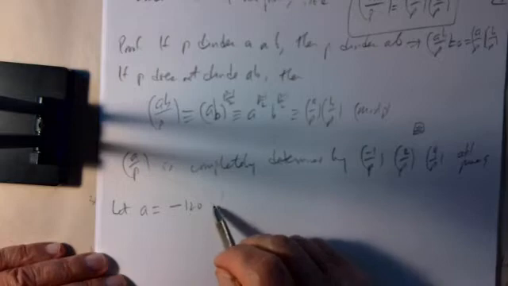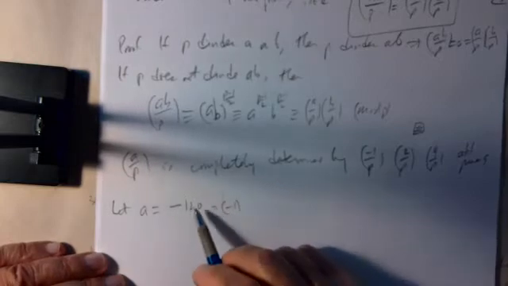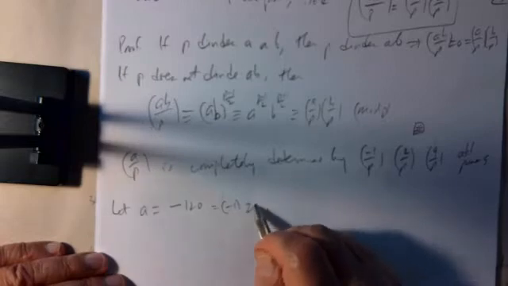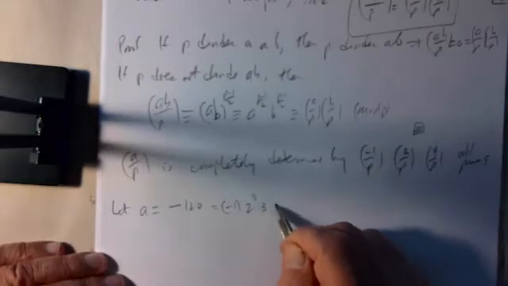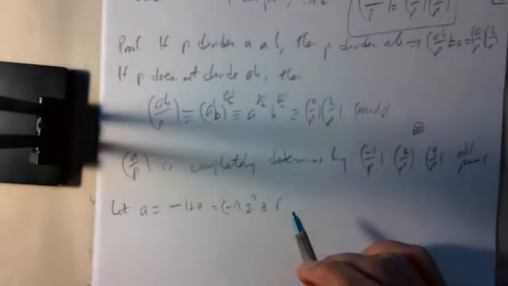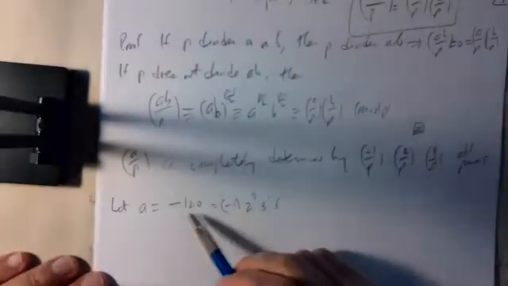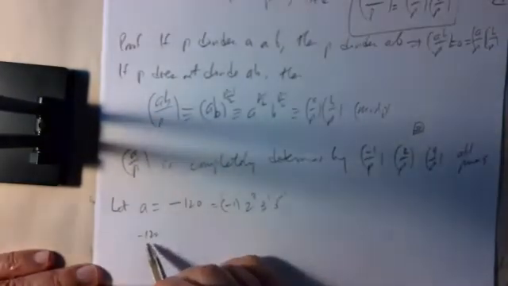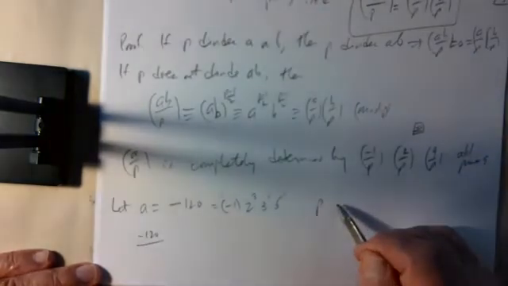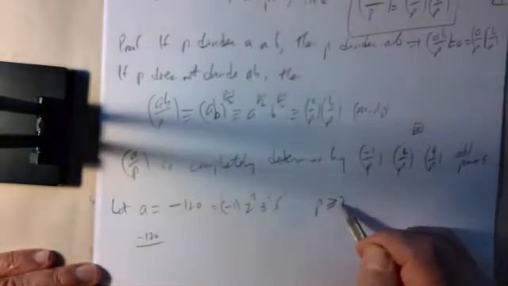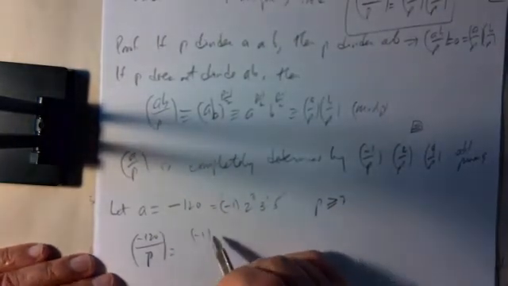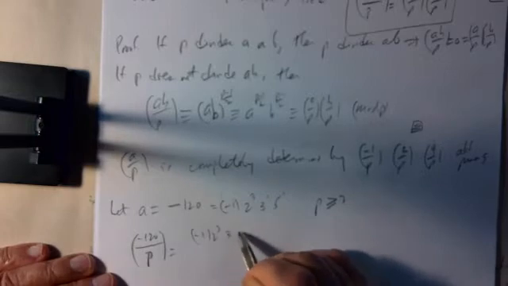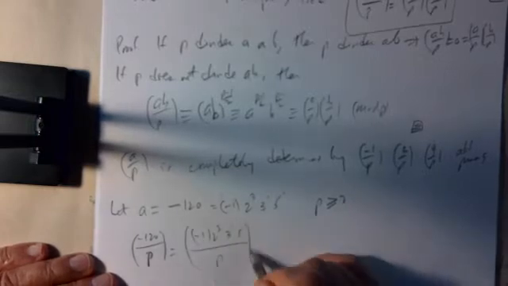What is 120? We can factor it. It's minus 1. 120 is 5 times 24, 2 cubed, 3 to the first power, 5 to the first power. This is minus 120. So minus 120 for any prime p. So suppose p is some prime not 2, 3, or 5, some prime greater than or equal to 7, minus 120 over p, that's minus 1, 2 cubed, 3 to the first power, 5 to the first power over p.